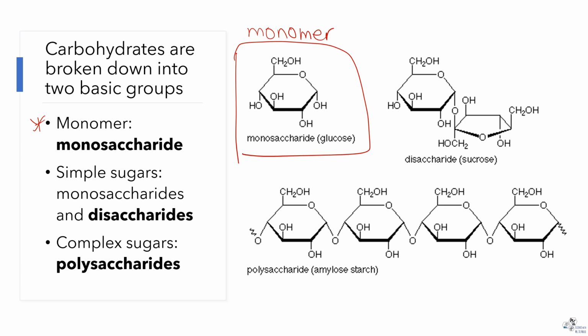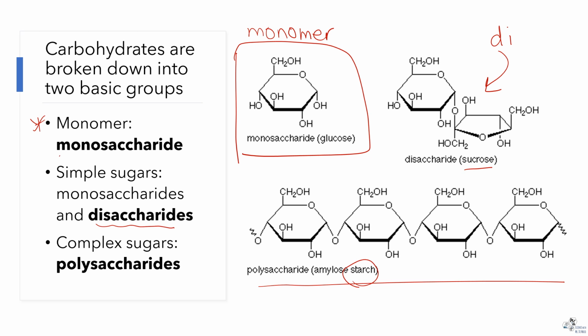When you put two of these monosaccharides together, you form a simple sugar called a disaccharide, like this one here. We call it sucrose. And then once we start adding more than two, we get these long repeated structures of these monosaccharides, and we call them polysaccharides. And the example here is starch.